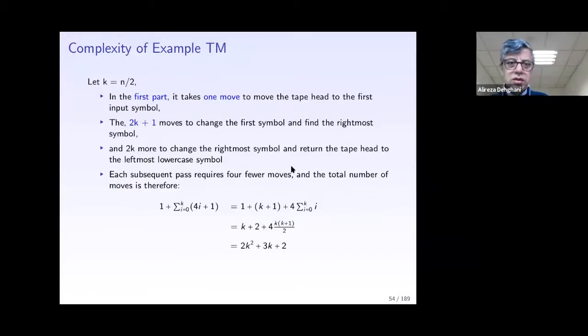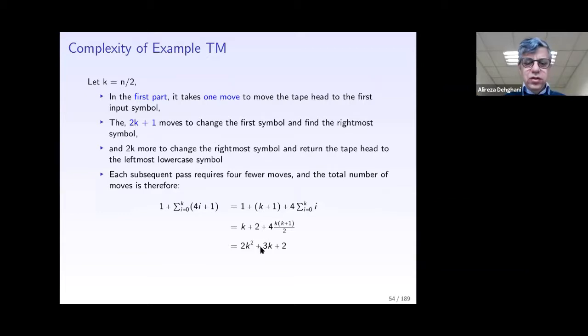We tried to calculate the complexity of that machine. If you remember, I said the complexity of a machine is the number of moves you need to take to read a specific string and then say if it is accepted or rejected. For that specific machine, we calculated different cases.